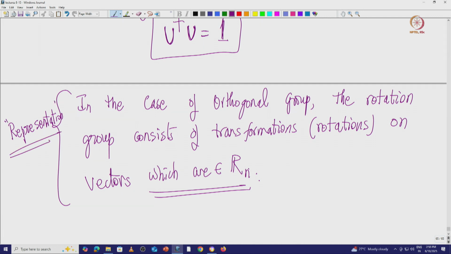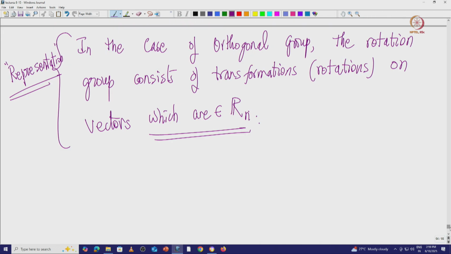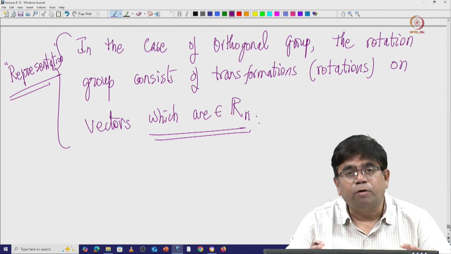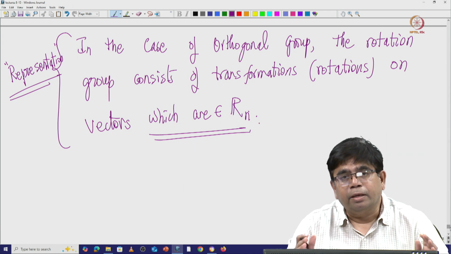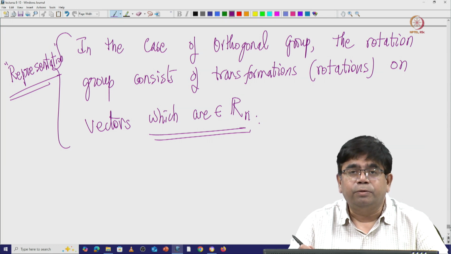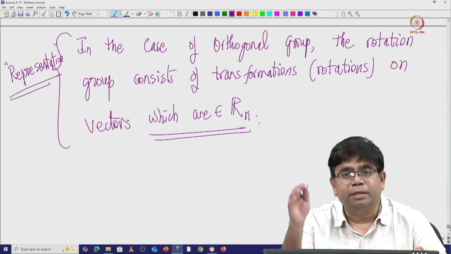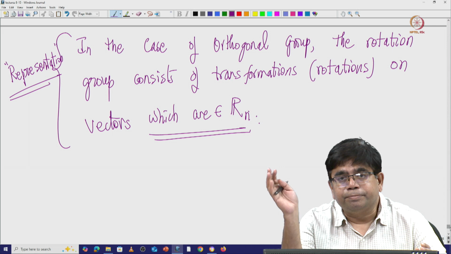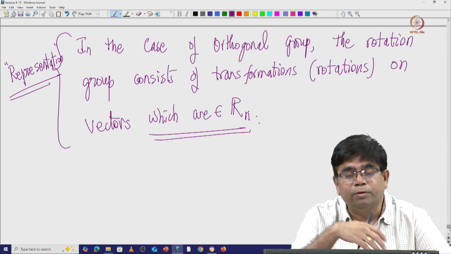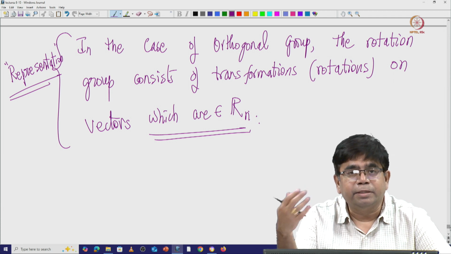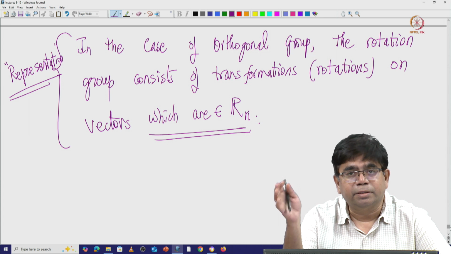So both the vector space as well as the transformation given in a matrix form represented in that vector space is called a representation. Say for example, O3 has a representation which is also the defining representation, that it is given in terms of matrices which are orthogonal in 3 dimensions.